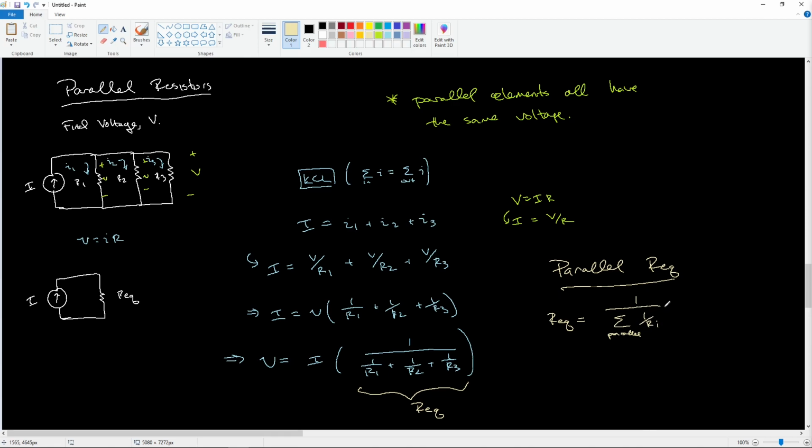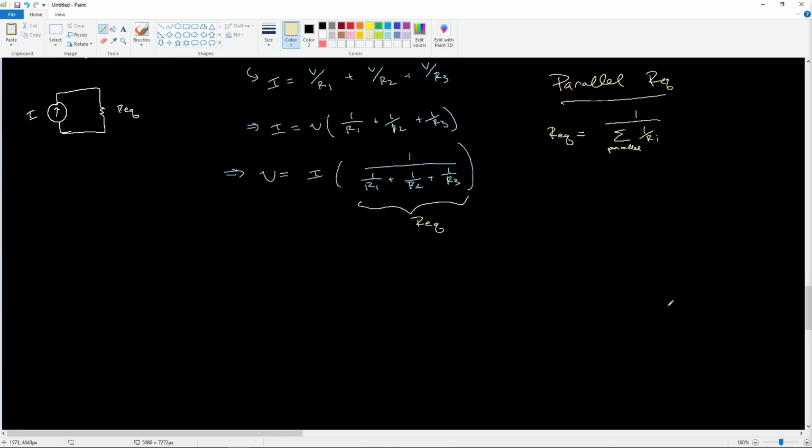There's a lot of 1 overs. So there we go. For example, let's say that we had a few resistors in parallel, and we'll show that their equivalent resistance has indeed lowered, like we were talking about earlier with electrons or people trying to enter an amusement park.